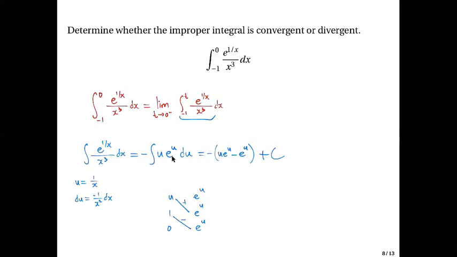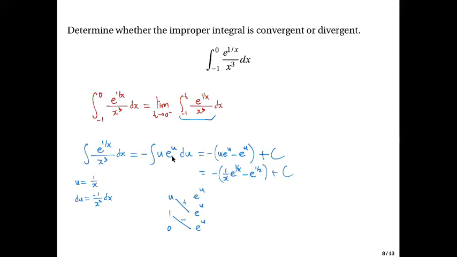But your u is equal to 1 over x. So this guy here will become negative of 1 over x e to 1 over x minus e to 1 over x, and then you have the plus c.